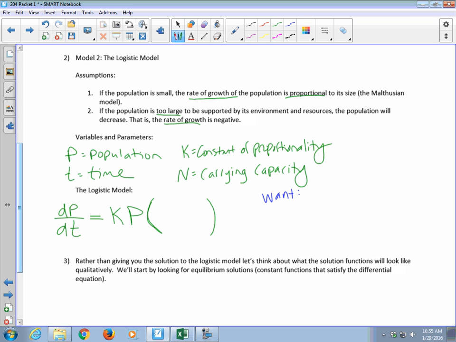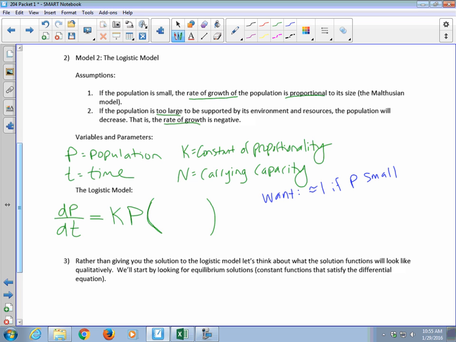I want this factor that I'm going to add here to be approximately 1 if p is small. What do I want it to be? Close to 0.